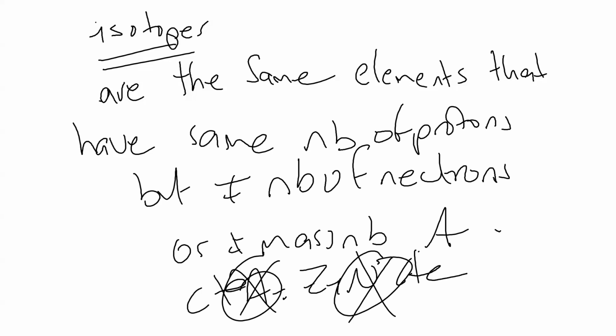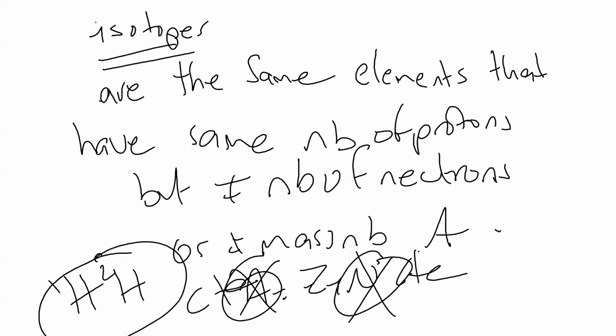Okay? So let's say H1, H2, these are isotopes. Both of them are hydrogen, and both of them have only one proton. However, each one of them has a different number of neutrons.